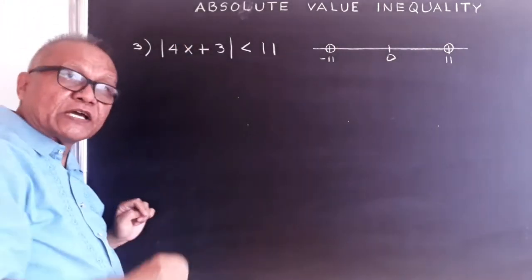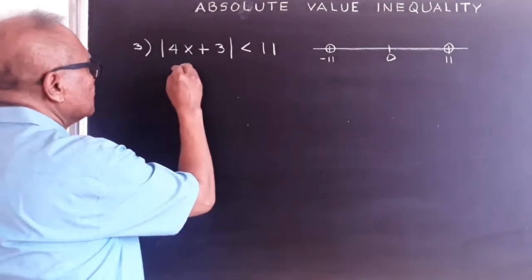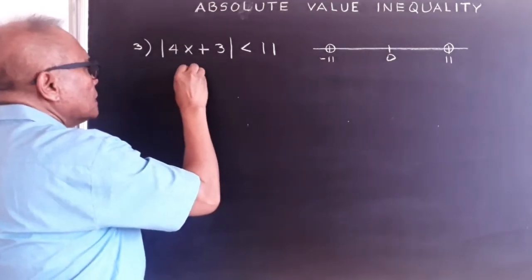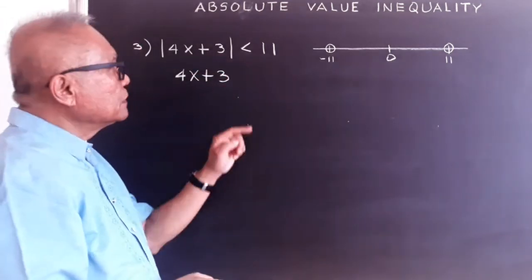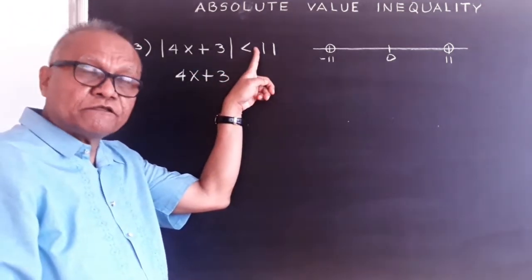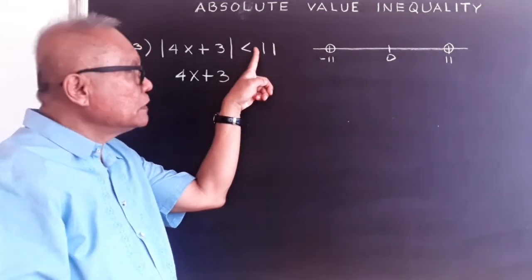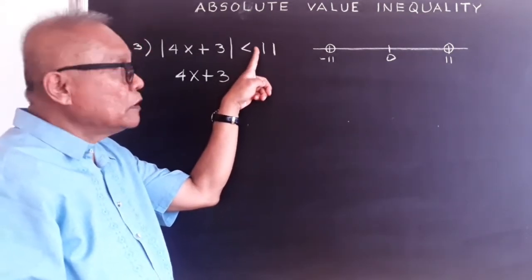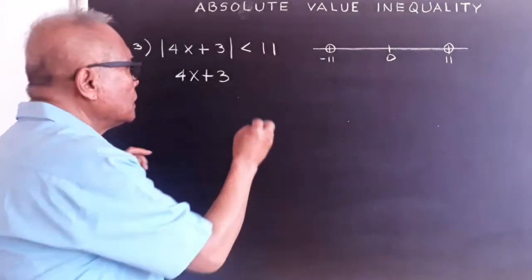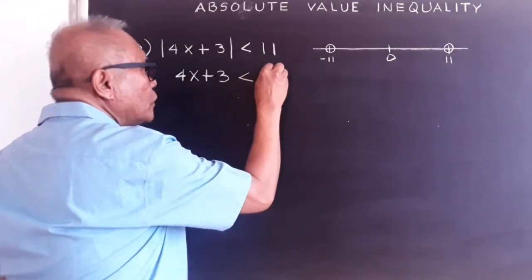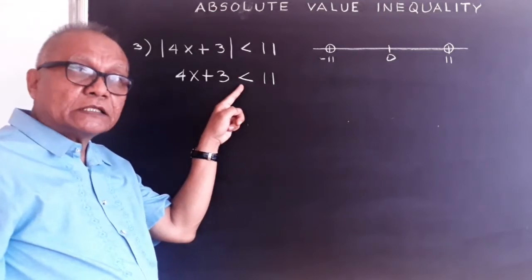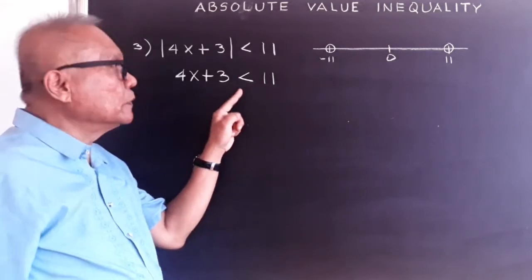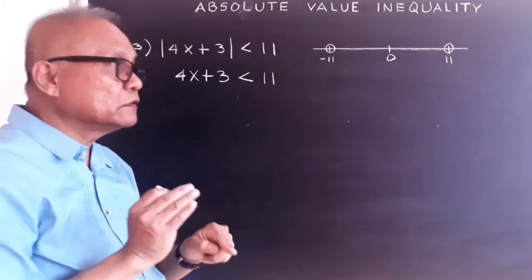When we remove the absolute function symbol, now we will have here the positive and the negative. So let's have the positive. When we use the positive, it is still positive 11. The orientation of the inequality is the same because we use the positive.